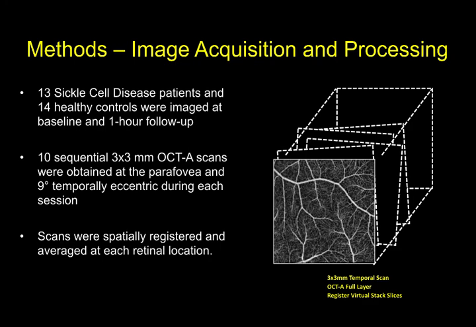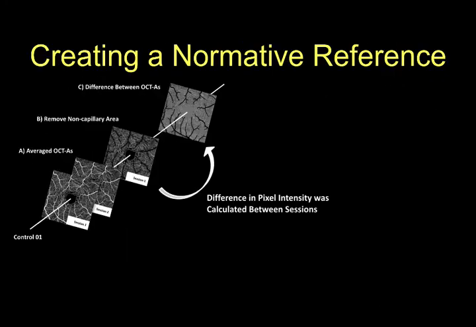Scans were spatially registered and averaged at each retinal location. A normative reference of healthy controls was created using 10-scan averages of the full vascular OCTA slabs with non-capillary blood vessels removed. The two time points were then subtracted to determine the difference in pixel intensity.